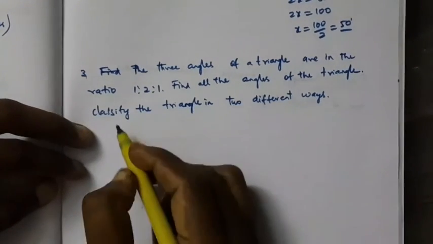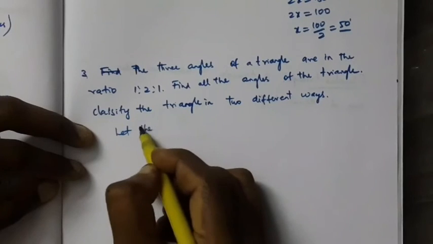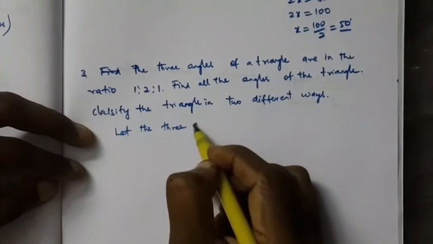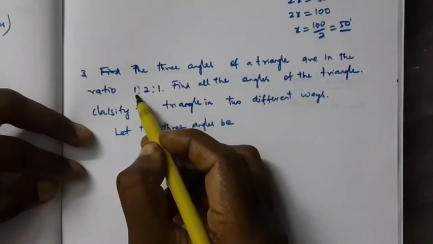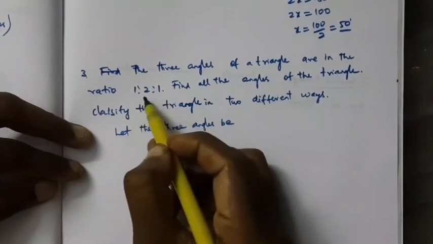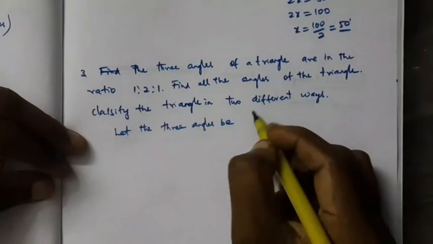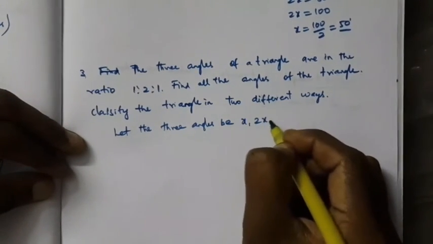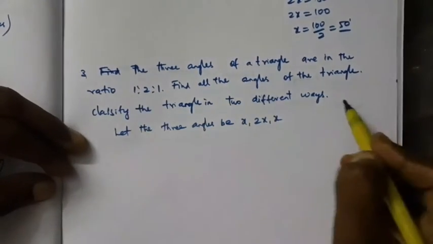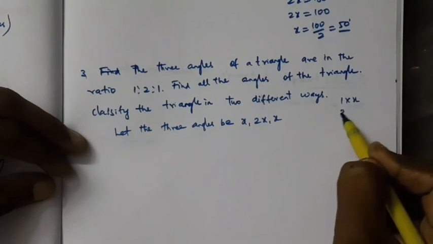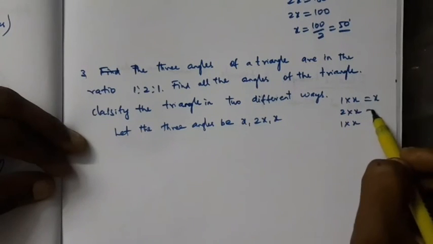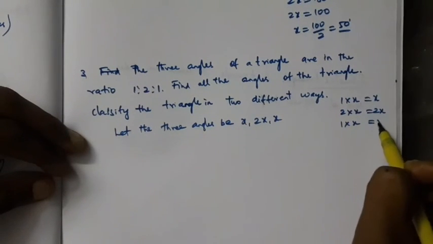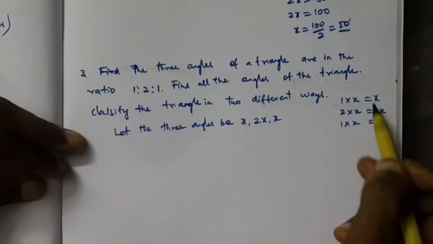So let me multiply these ratios 1:2:1 by a variable called x. So 1 multiplied by x, 2 multiplied by x, 1 multiplied by x. So this is x, this is 2x and this is x. These are the three angles.